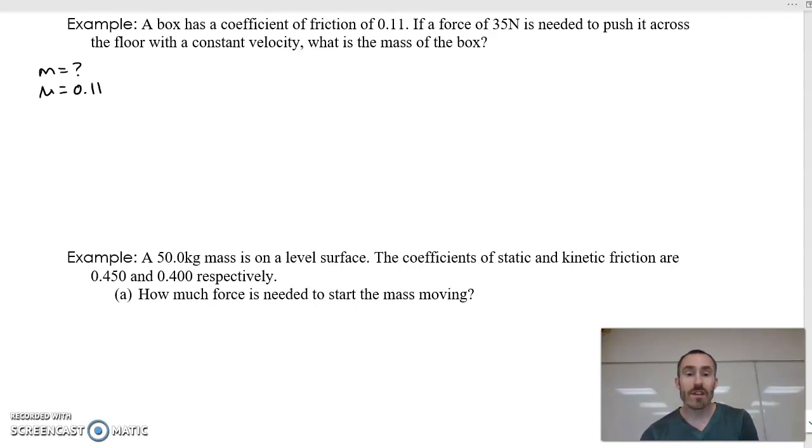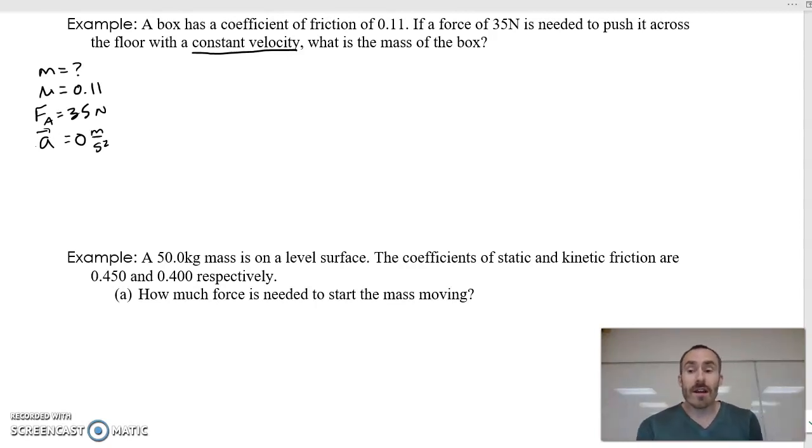We are told the applied force is 35 newtons. And we are told that this is moving at a constant velocity. Look for these words: constant velocity. That would mean that the acceleration is 0 meters per second squared.